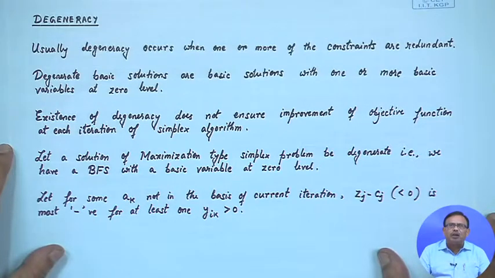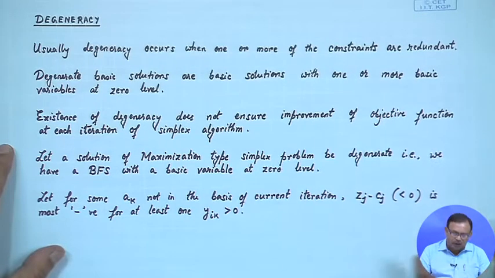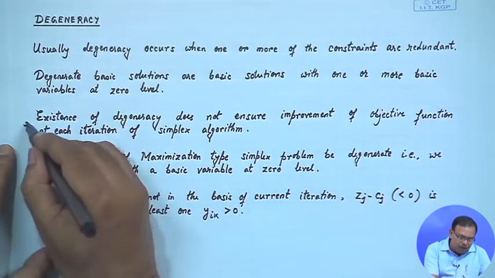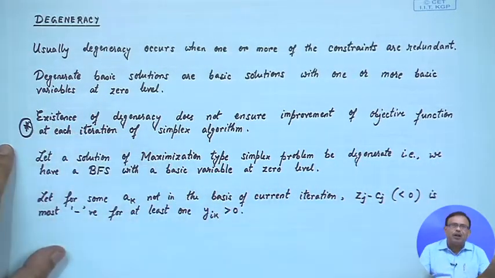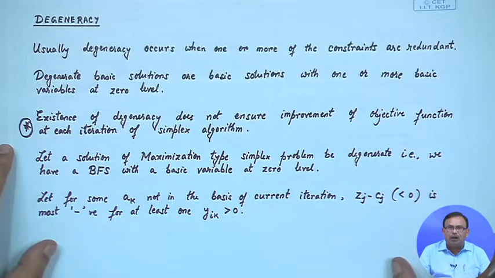Existence of degeneracy does not ensure improvement of the objective function at each iteration of the simplex algorithm. Please note this point. If degeneracy exists, then there is no guarantee that the objective function value will improve at each iteration of the simplex algorithm.